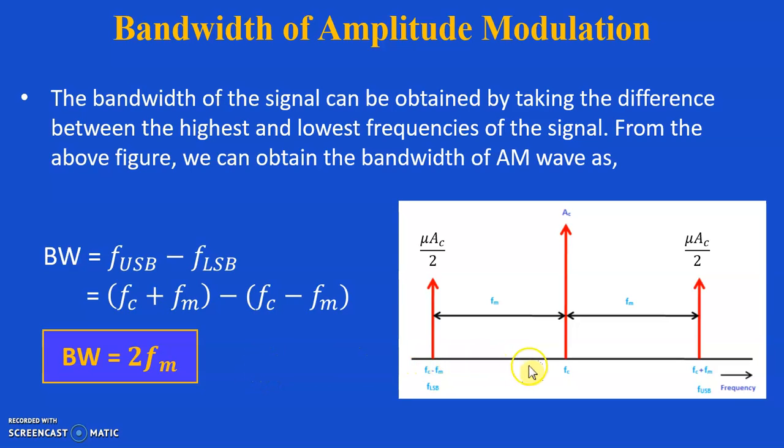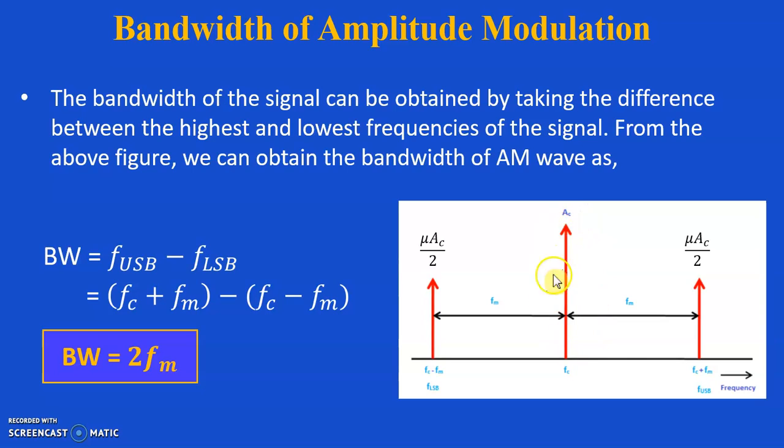Also, we notice another major drawback of amplitude modulation, a waste of power, because we transmit the pure carrier signal within the amplitude modulated signal. Most of the power is within the pure carrier, and the carrier signal carries no information.